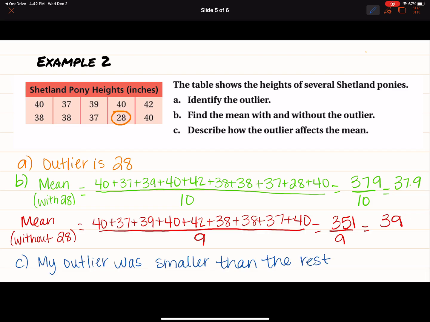I mean, it only changed it by 1.1. But sometimes it can be much, much, much worse. Usually whenever statisticians are conducting studies and using data like this, if they have an outlier that's going to affect their data like that, they'll just throw it out.